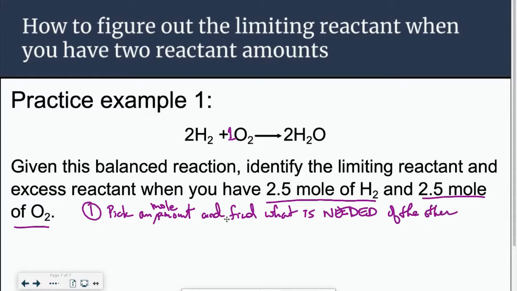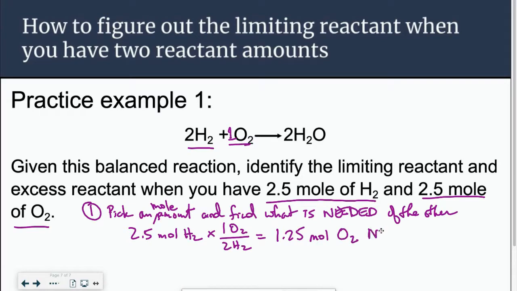So I will just randomly pick this 2.5 moles of H2, and I will find the moles of the O2, of the other reactant. So the ratio is 1 to 2, so 1 O2 over 2 H2. And I take 2.5 times a half, and I get 1.25 moles of O2. That is what is needed to react all of the moles of H2.